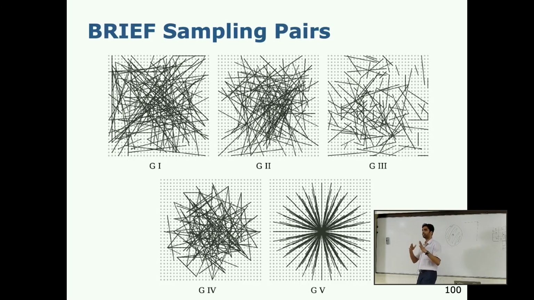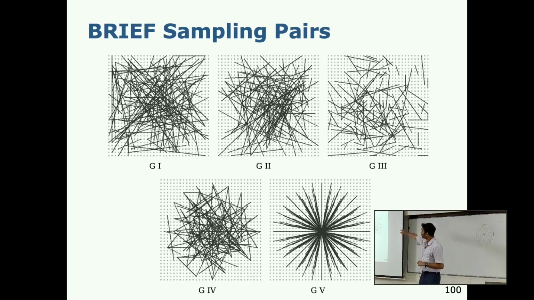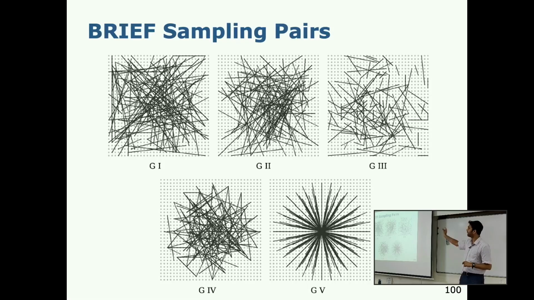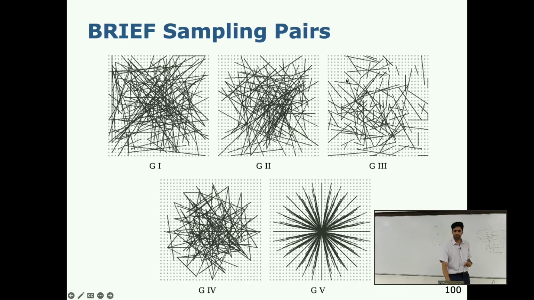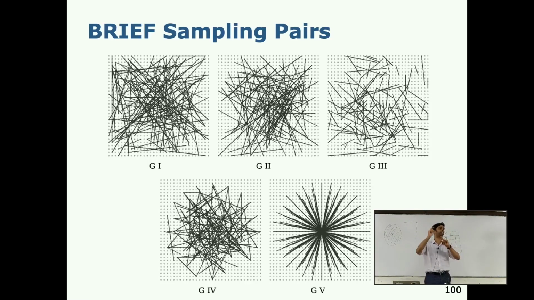So it's a uniform random sample followed by a Gaussian sample, and the property of that is that those lines are quite short. Compared to the pairs in G1 or G2, G3 pairs are often quite close to each other, because the second sample is a Gaussian sample, so you're often looking quite close to the first.